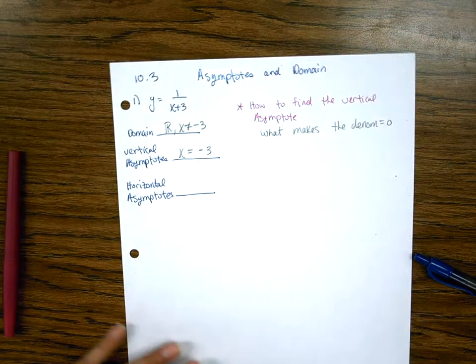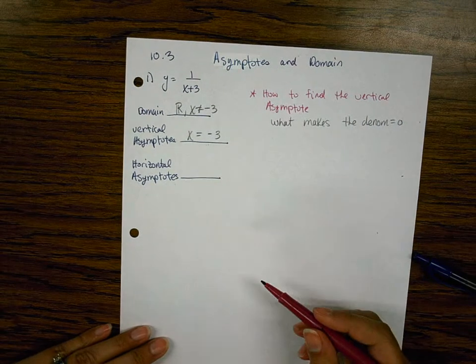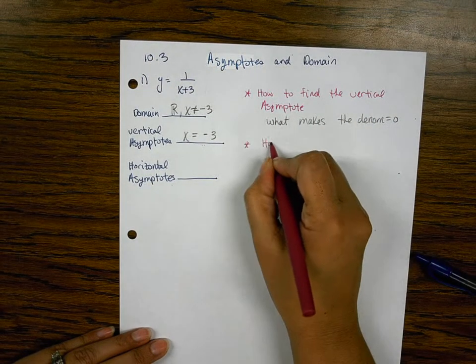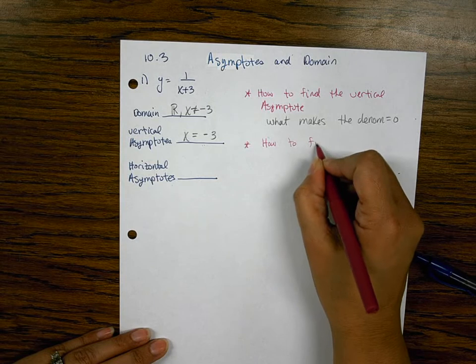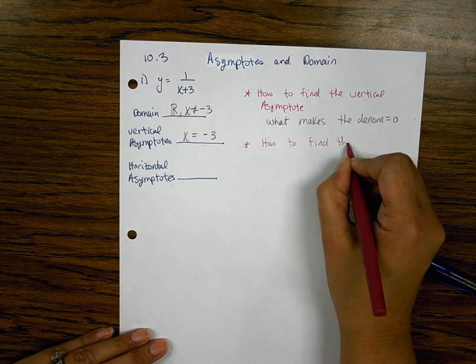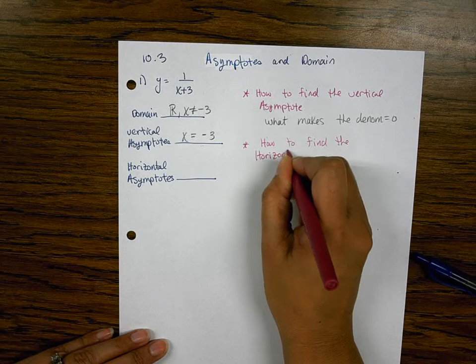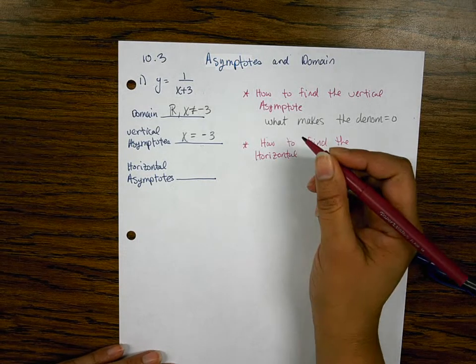All right, next one, how to find the horizontal asymptote, and that's the one that's a little new.